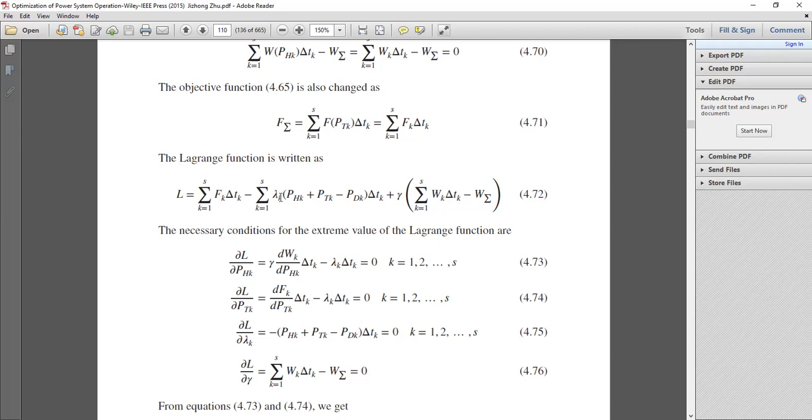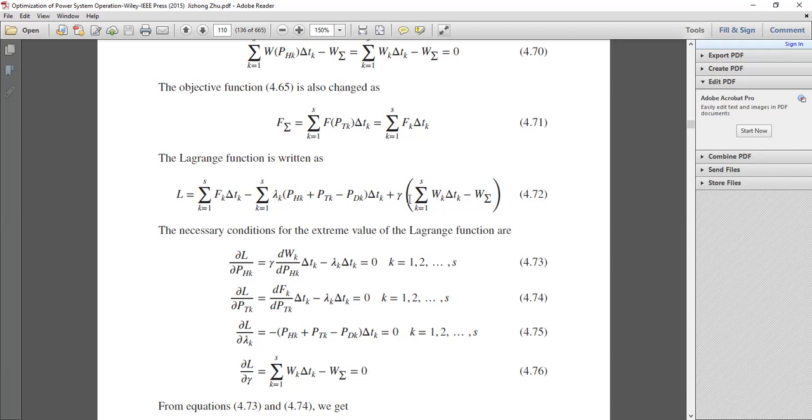So that means we are getting rid of the equality constraint by making the Lagrangian an unconstrained optimization problem. For incorporating the power generation and demand balance, we incorporated this lambda, and because now we are considering the kth time instance, lambda will be for a different time instance, and we might get different lambdas.